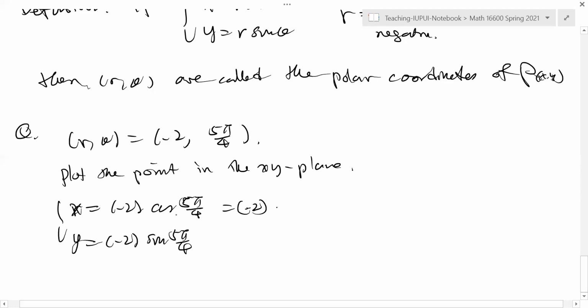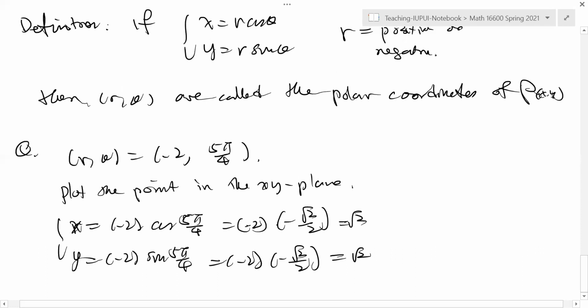This is cosine pi over 4, but it's bigger than pi, so this is negative square root 2 over 2. And this is -2, and this is also negative square root 2 over 2. So the answer here is square root 2 and square root 2. Then you can also write this as 2 times square root 2 over 2, so you can even write it as 2 cosine pi over 4 and 2 sine pi over 4.